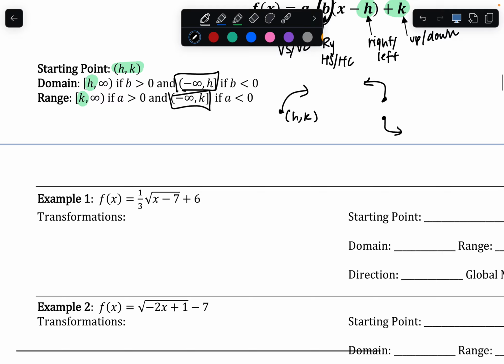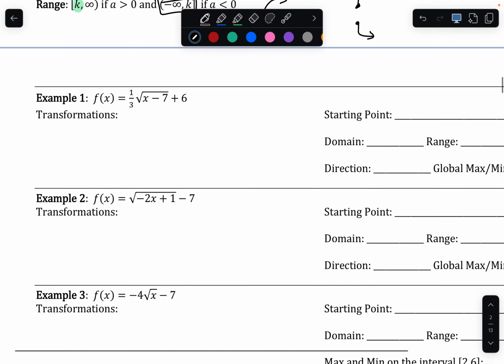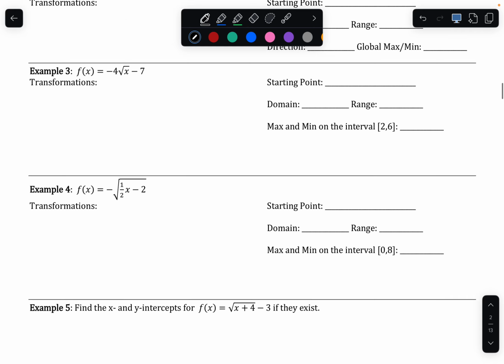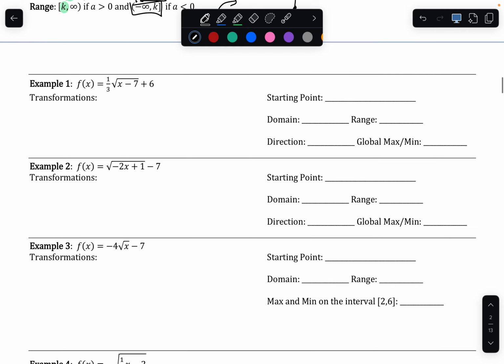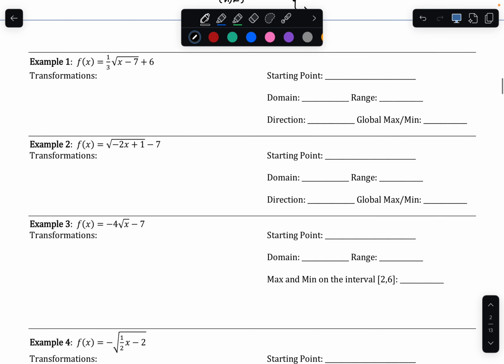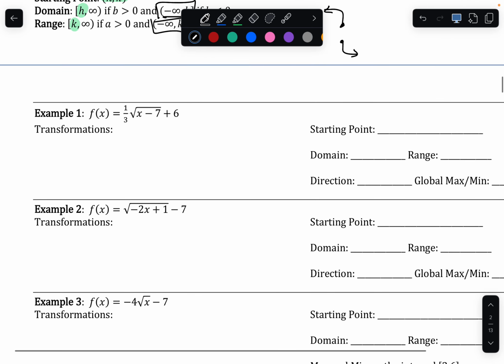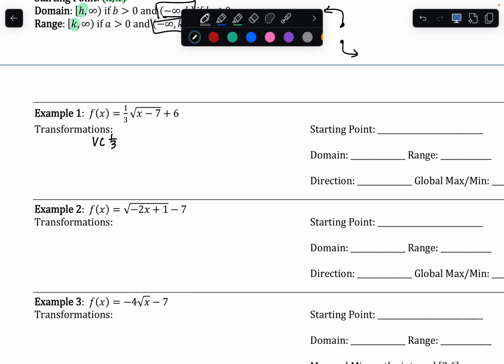Okay, and so let's do some examples. We're going to start by just identifying the transformations for these 4 examples, and then also the starting point, and then we'll get into some other key features. Okay, and so right now for example 1, we have a vertical compression by 1/3.